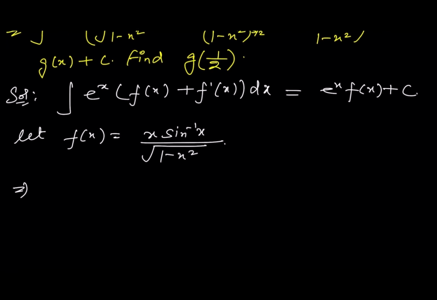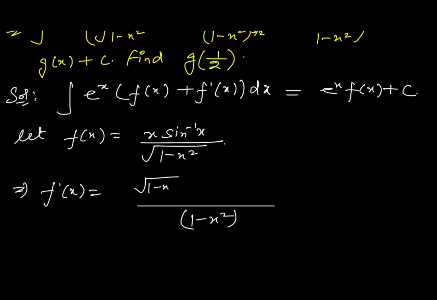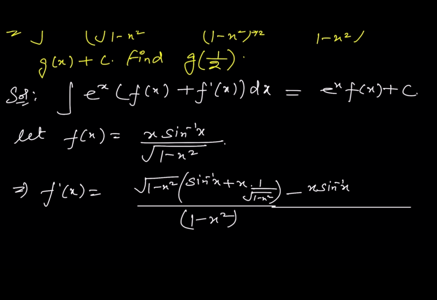For this you have to differentiate it. So f'(x), by using the quotient rule, will be 1 minus x square in the denominator, and in the numerator root over 1 minus x square times (sine inverse x plus x into 1 upon root over 1 minus x square) minus x sine inverse x into 1 upon 2 root over 1 minus x square into minus 2.